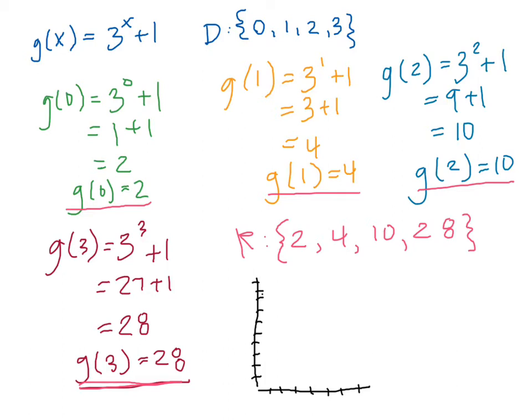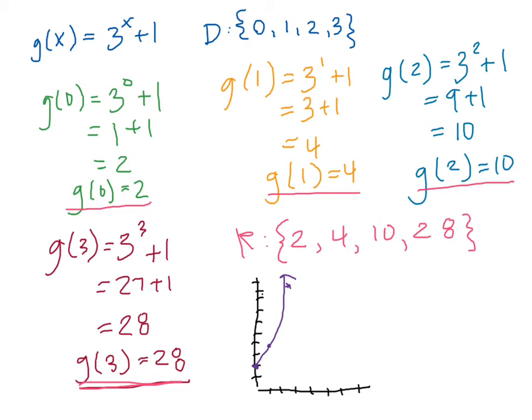But where we had input of 0, output of 2, that's like going to the point 0, 2. Input's 1, the output is 4. That's going to take us up here. The input is 2, the output is 10. That's going to take us up here. You'll see we can also organize the information this way.